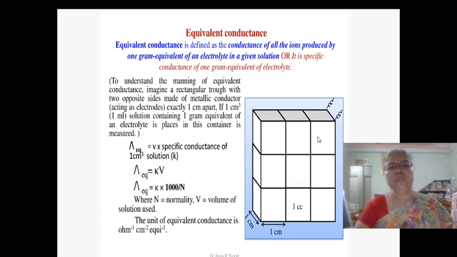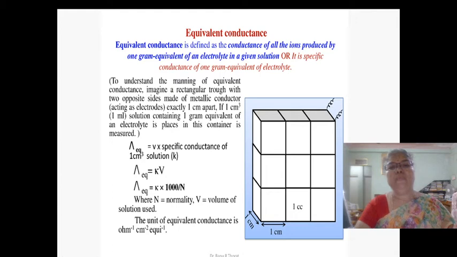Then suppose we have taken 1 cubic centimeter of electrolytic solution in this container, and we measure its conductance. At that time, the conductance measured is equal to its specific conductance.